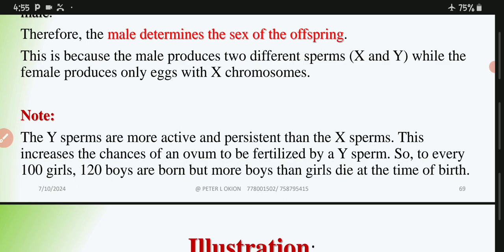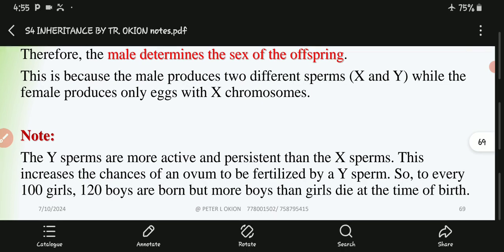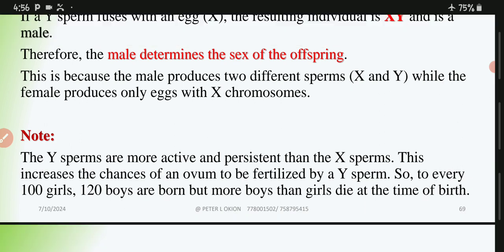This increases the chances of an ovum being fertilized by a Y sperm. So, to every 100 girls, 120 boys are born, but more boys than girls die at the same birth. Yes, allow me to end here.